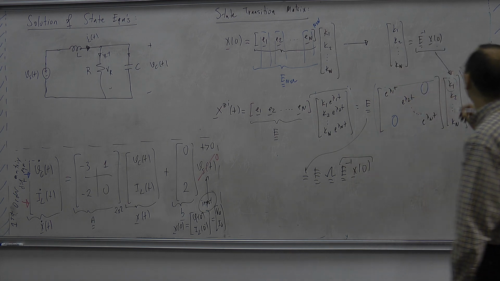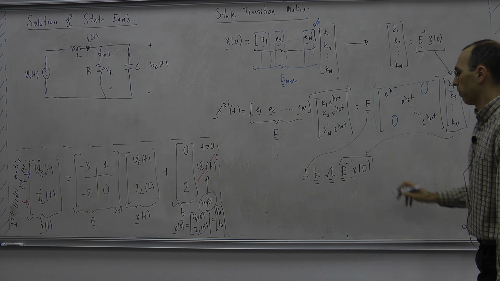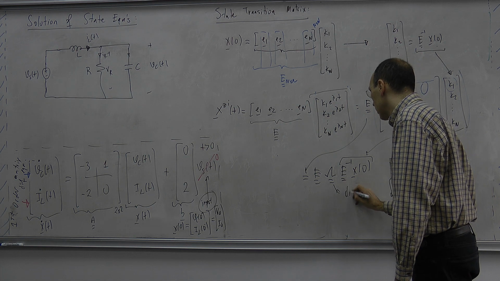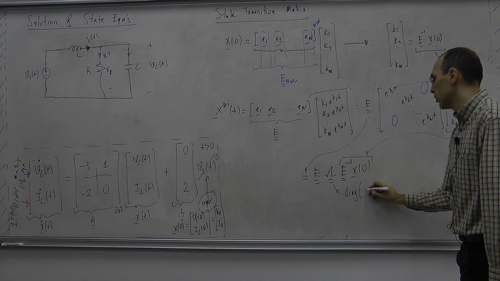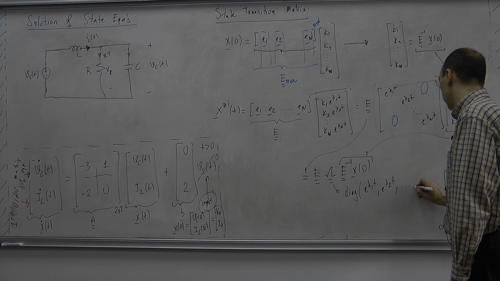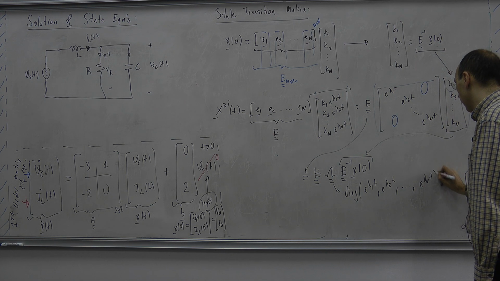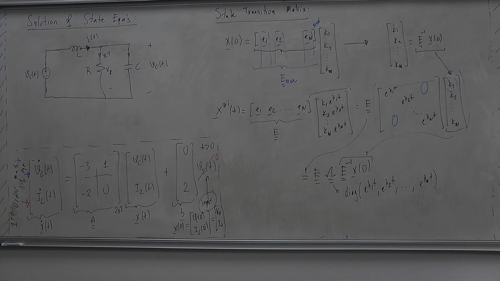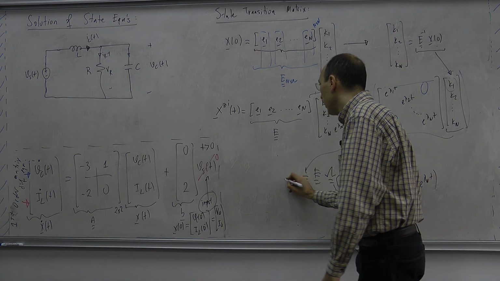So this is this part. So how about this? This is the diagonal matrix in MATLAB notation, lambda and t. So that is your final answer then.